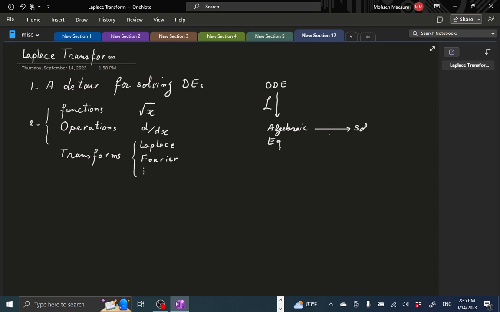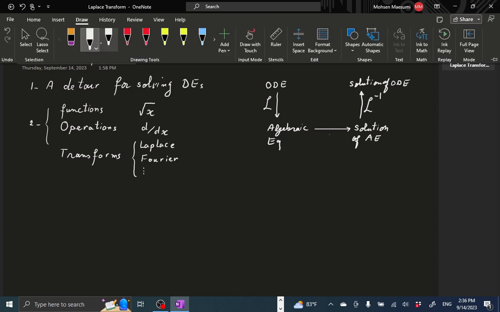So we get a solution of the algebraic equation. Then we take that and then apply so-called inverse Laplace transform to it, L inverse. And we are going to get a solution of the original differential equation we had in our mind.